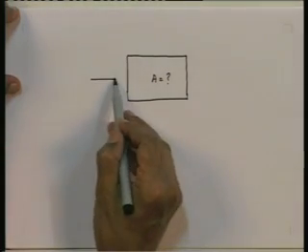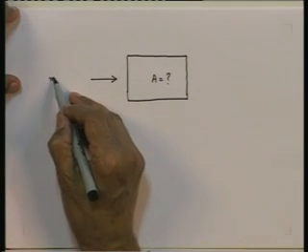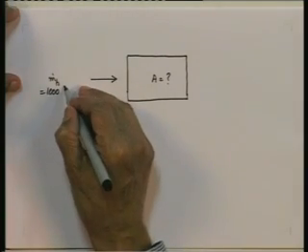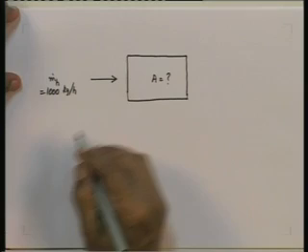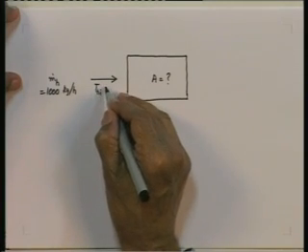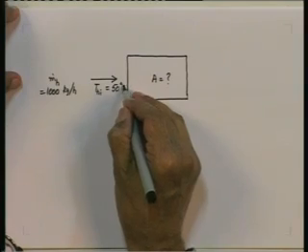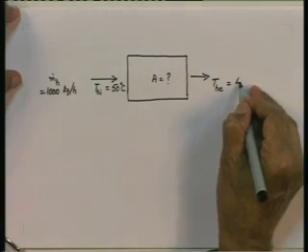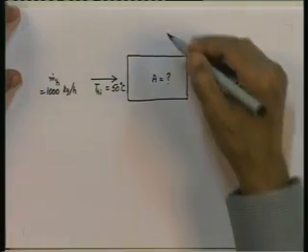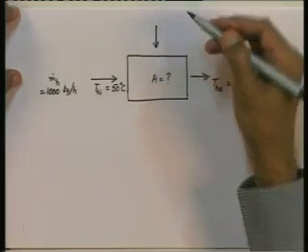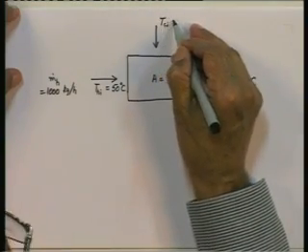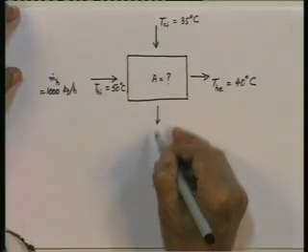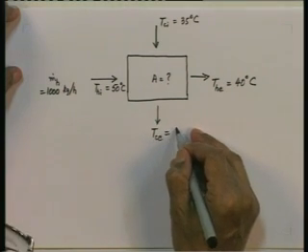This is the hot fluid entering here, m dot h equal to 1000 kg per hour, T h i entering at a temperature of 50 degrees centigrade, hot fluid leaving at a temperature of 40 degrees centigrade. Cold fluid T c i entering with a temperature of 35 centigrade and leaving with a temperature of 40 degrees centigrade.